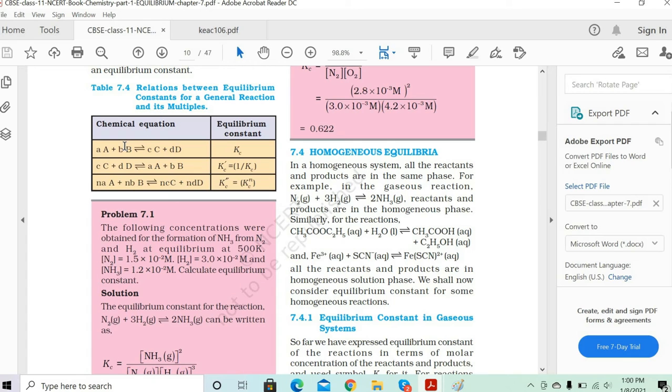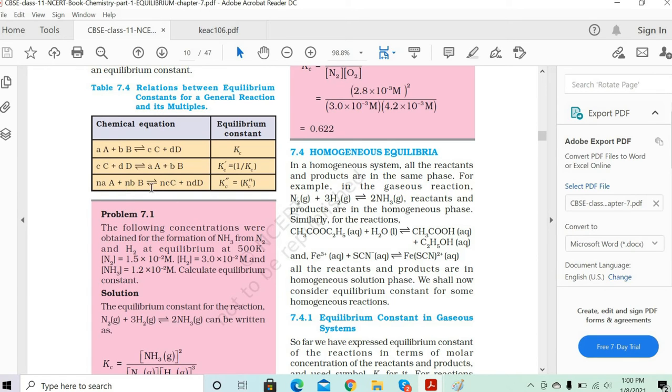So that means for the reverse reaction. Second, if the number of moles are changing, that becomes na, nb, nc and nd. So what will happen now? Just concentrate on the third row.